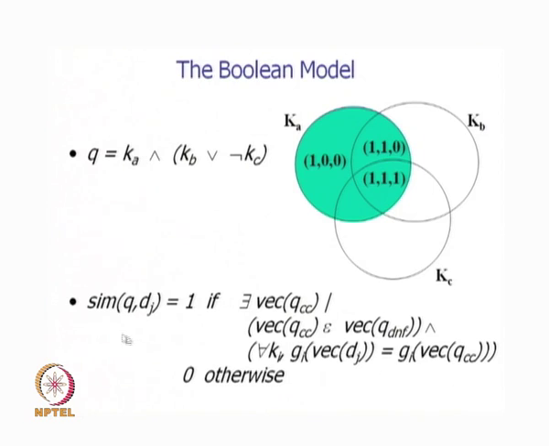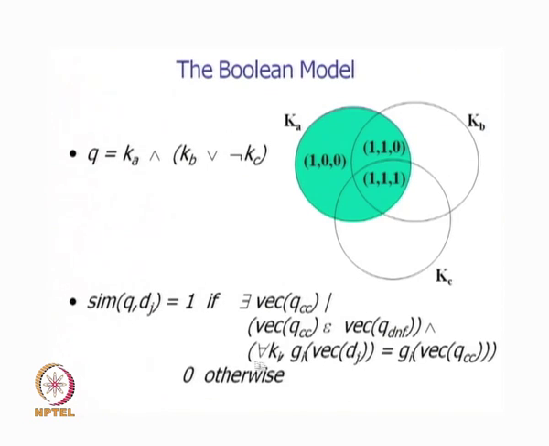So, similarity of a query with a document Dj is asserted to be 1 if there exists a conjunctive component from the DNF representation of the query vector such that for every component of the conjunctive vector we have a match with the document vector representation.